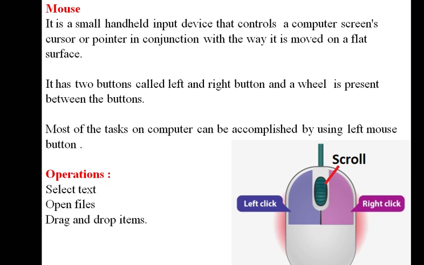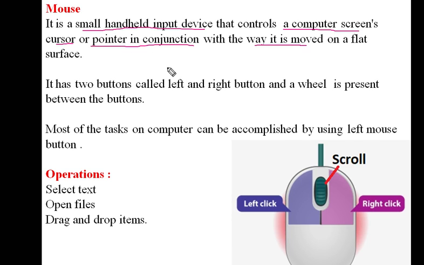The next one is the mouse. It is a small handheld input device that controls a computer screen's cursor or pointer in conjunction with the way it is moved on a flat surface.